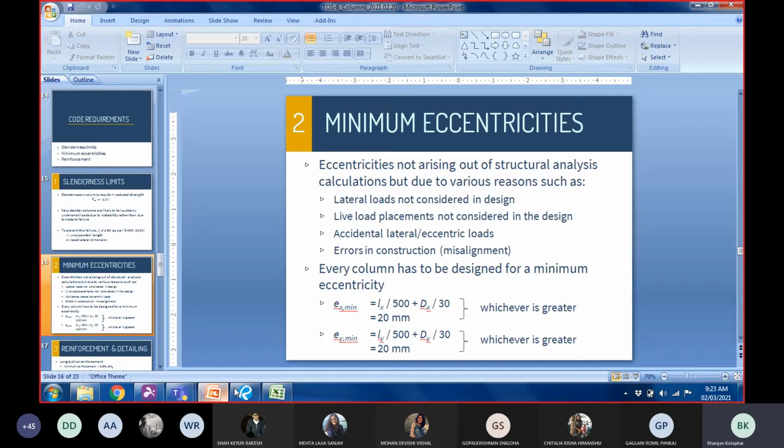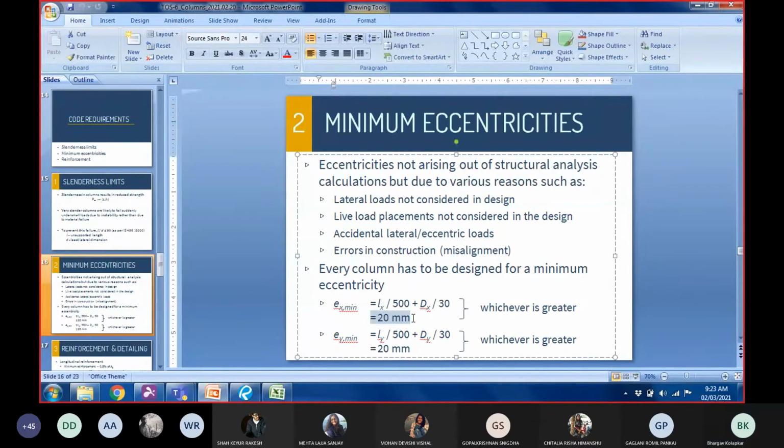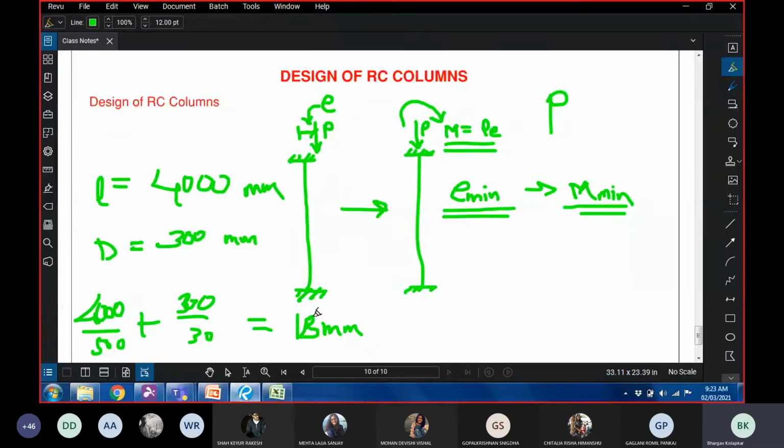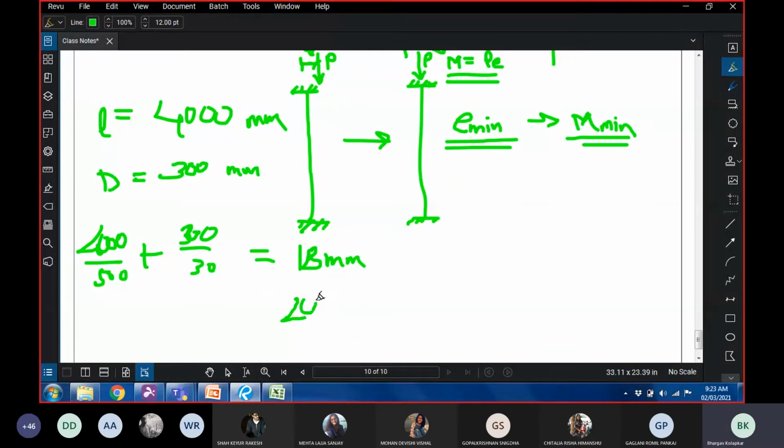But the code also gives another criterion, where it says that it should at least be 20 mm. So we compare 18 with 20. It should be the greater of 18 or 20 mm, so 20 mm governs. The code says that it has to be designed for a minimum eccentricity of 20 mm. Now, what does this mean?